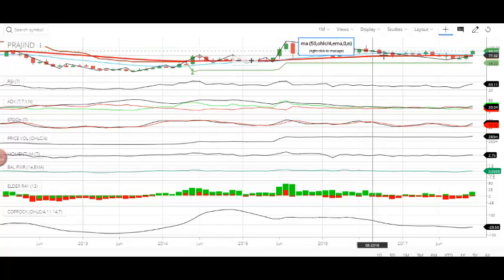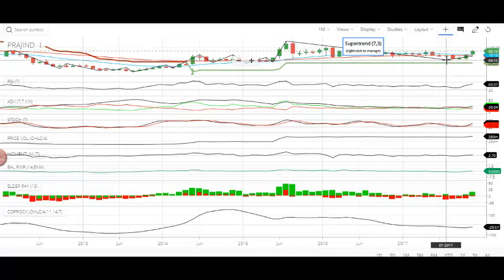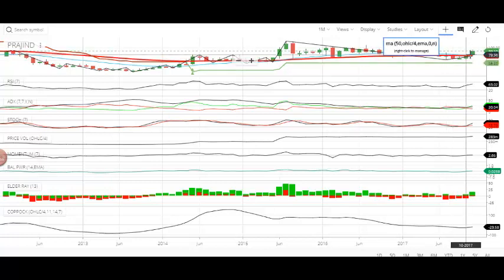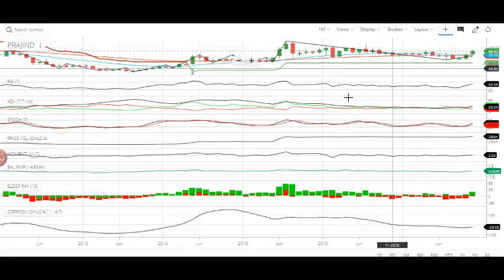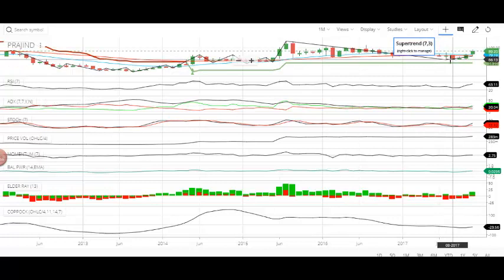But if you look at the temporal pattern, the way Praj Industries is moving at the moment, we can see the trend is moving in the upward direction. I'm keeping the crosshairs here so that you can clearly see the trend. This particular line is moving in the upward direction, and this stock has recently crossed its 20 and 50-day moving average, and because of this positive trend, right now it is in the positive trend.